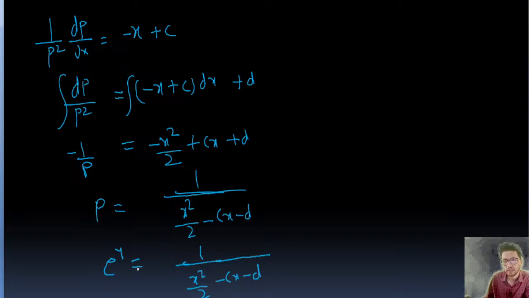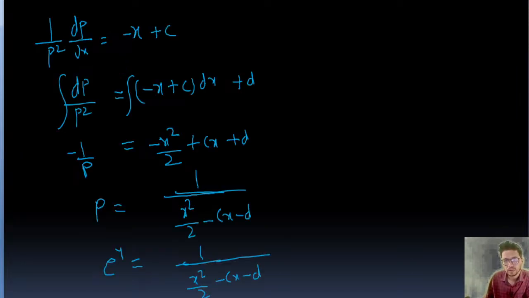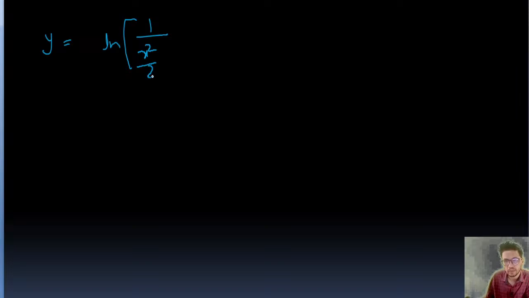Next what we can do is, value of y is going to be ln of 1 upon this value, right? 1 upon x square by 2 minus cx minus d. Okay, this is the value.